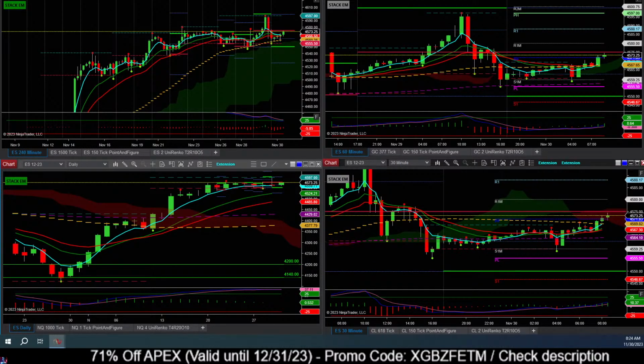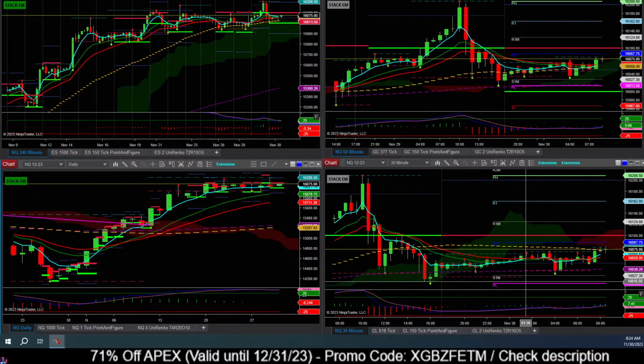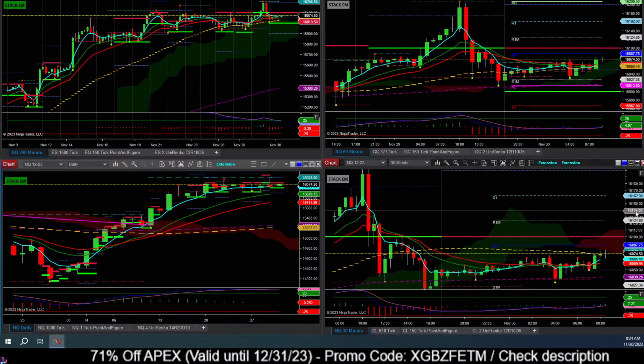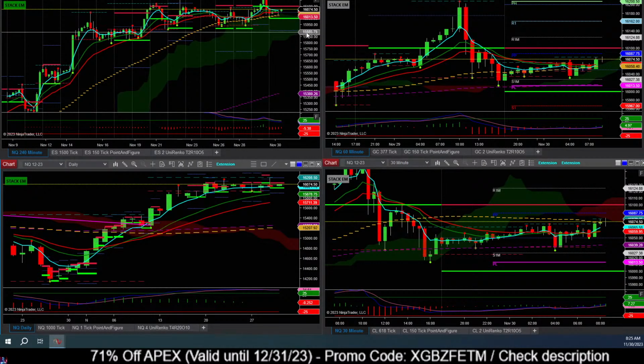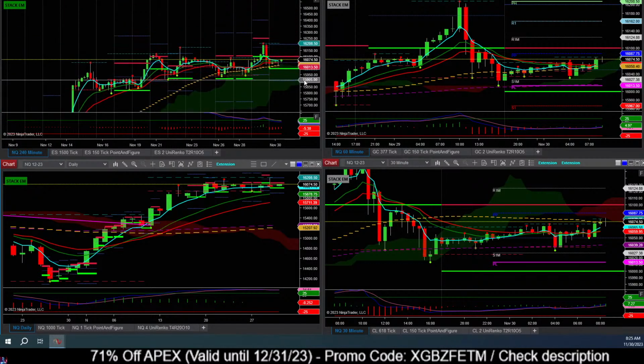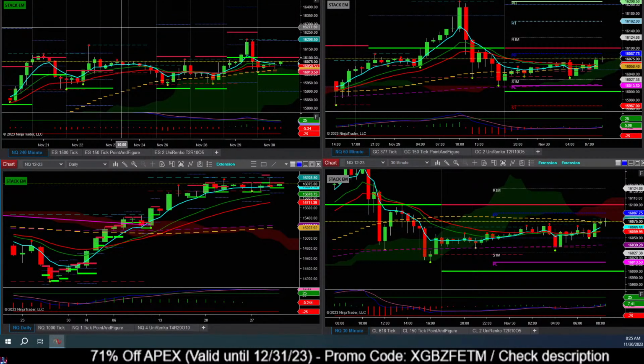Okay, and then NQ, I would say that it's probably very similar to what is happening in ES. Yeah, trying to move up above the 50, but it's right at it. So let's see what the news are going to do in the 30s. And I'm not very organized now, but let's look at the 240.